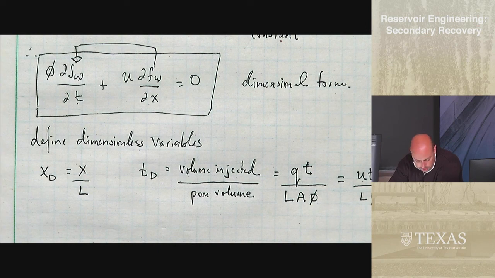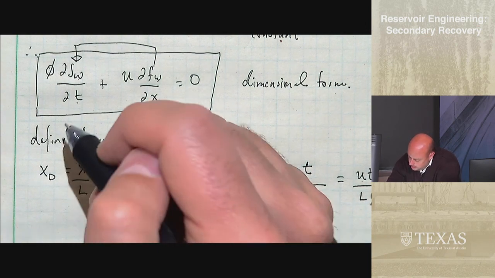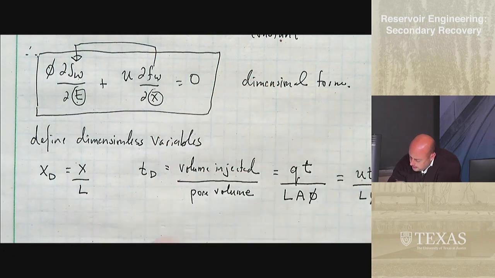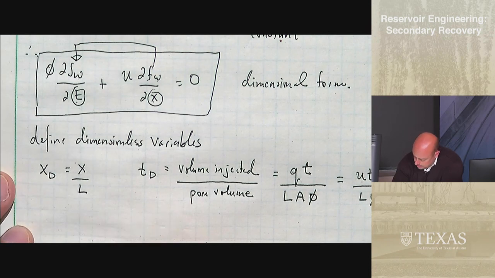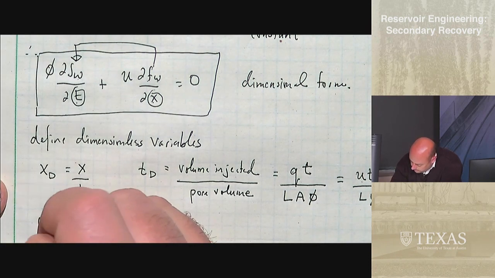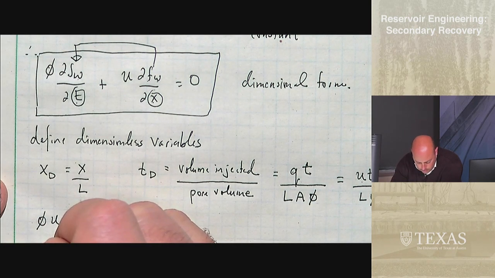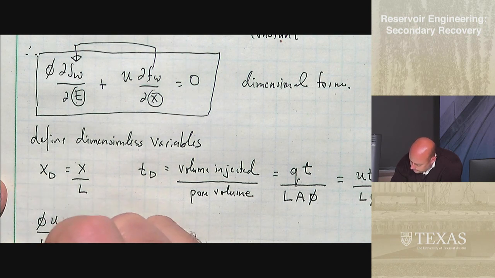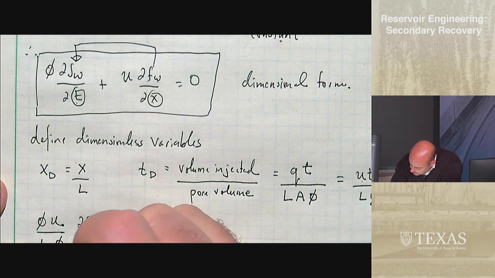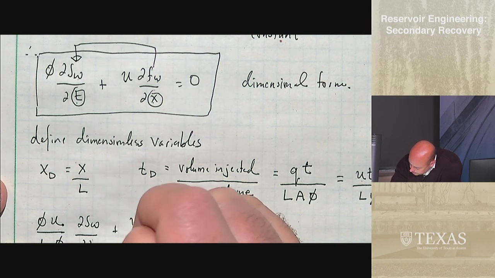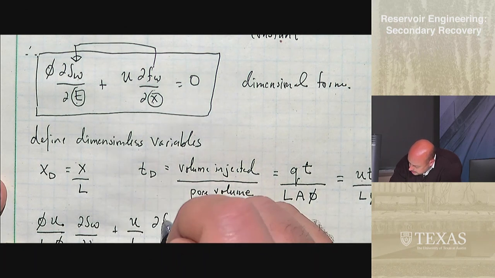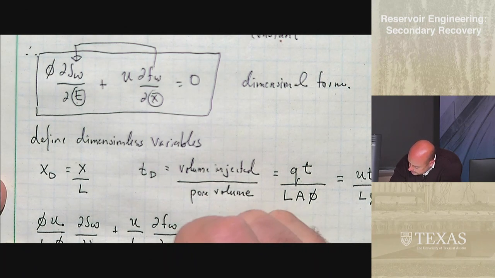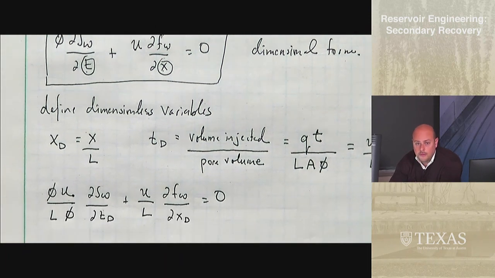Okay, so what you can do is replace t and x in there, and what you'll get is phi over mu, L over phi, dSw/dtD plus u over L dfw/dxD is equal to 0.